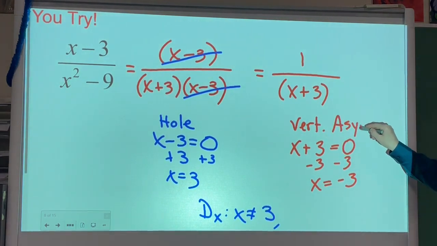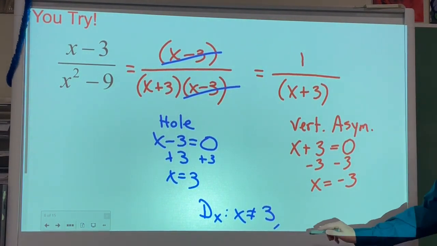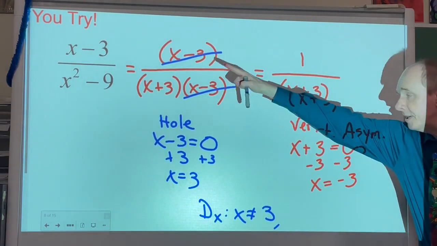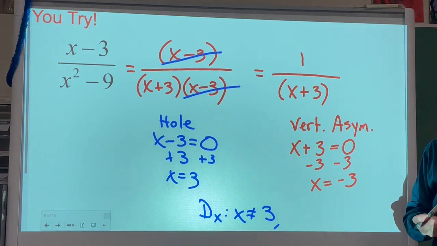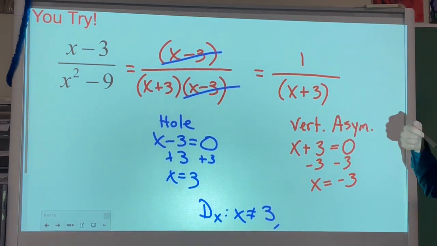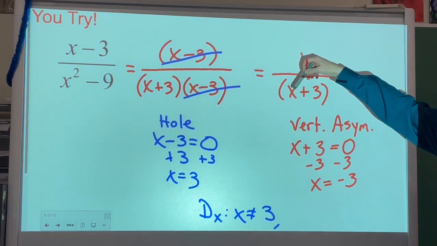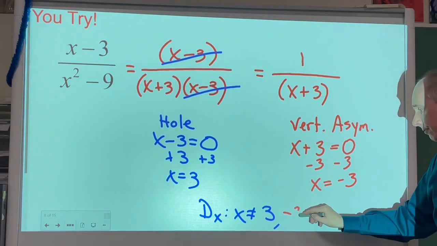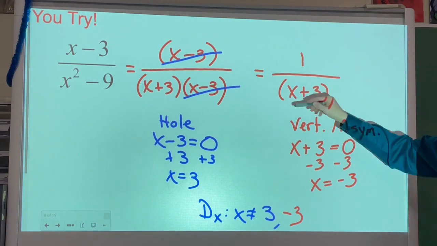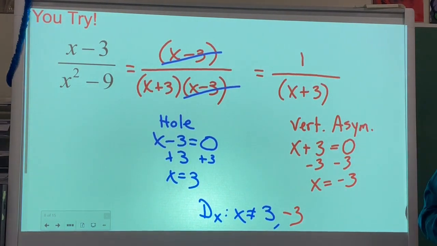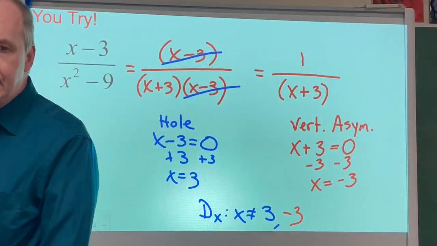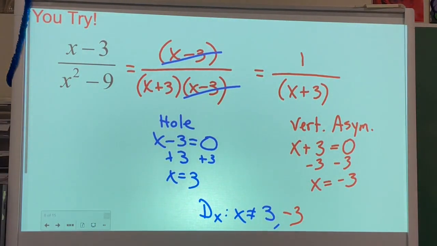The line that we can't cross, touch, or go through. So my domain does not include 3. There's a hole. Yes, it canceled. Does not include negative 3, because if I plug in negative 3 here and add 3, I get 1 over 0. Can't do that. Here's my answer. 1 over x plus 3, with the restrictions that 3 and negative 3 are not part of my domain. They are excluded.